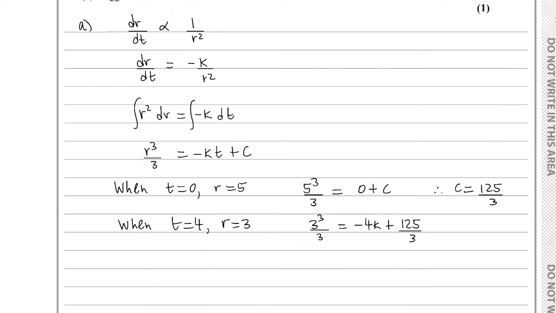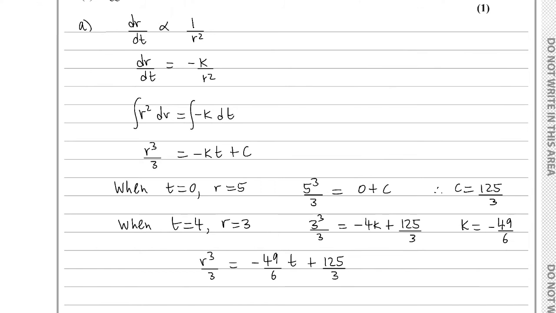And this is giving me a result of k is minus 49 over 6. So I could actually come up with r cubed over 3 is minus 49 over 6 t plus 125 over 3.